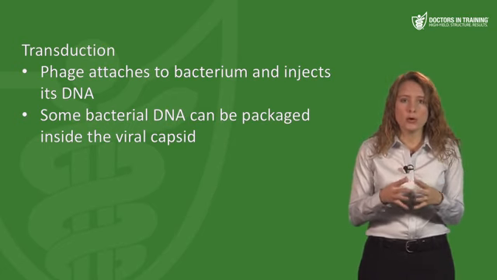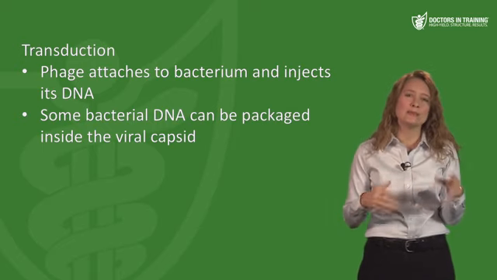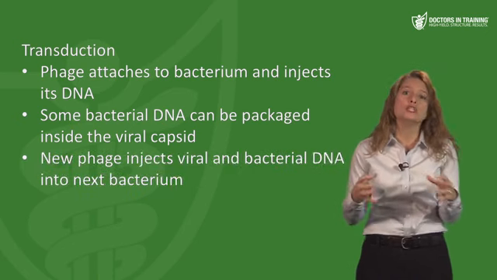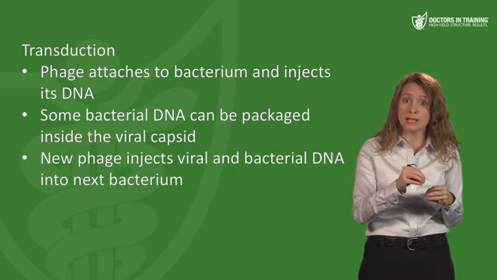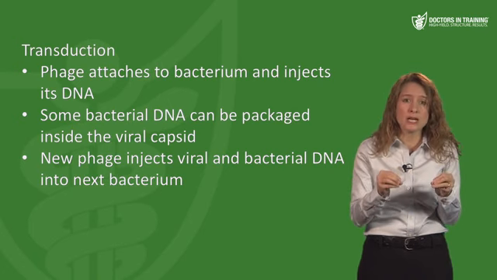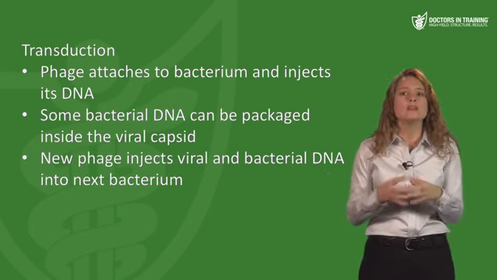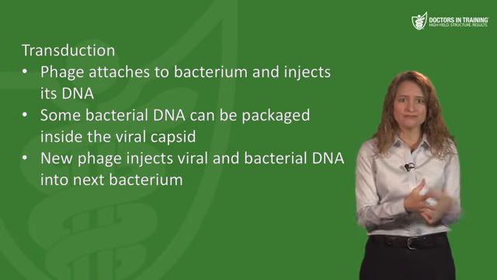What's important to know here is that phage replication isn't a clean process. Some of the bacterial DNA can end up inside that viral capsid. So when that bacteriophage goes to inject its own DNA into the next bacterium, what it's actually injecting is both viral and bacterial DNA. The bacterial DNA can then be recombined with the DNA of the infected cell.